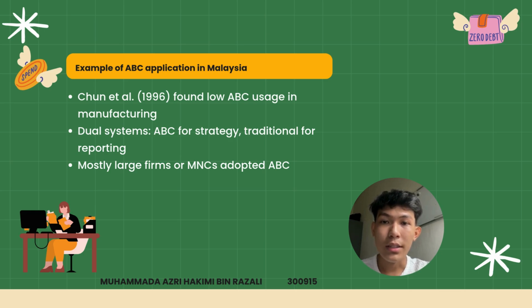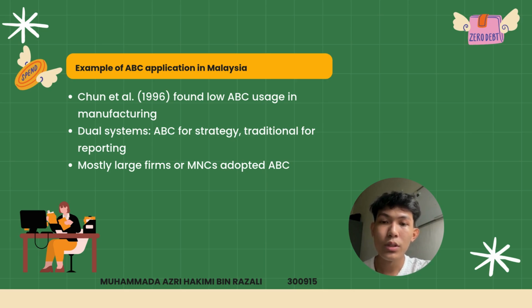One of the earlier studies that examined the use of ABC in Malaysia was by Chun et al. in 1996. Their findings show that among manufacturing firms in Malaysia, ABC was not widely implemented. When it was used, it was usually part of a dual costing system, where traditional methods were used for external financial reporting, while ABC was applied internally for cost management.